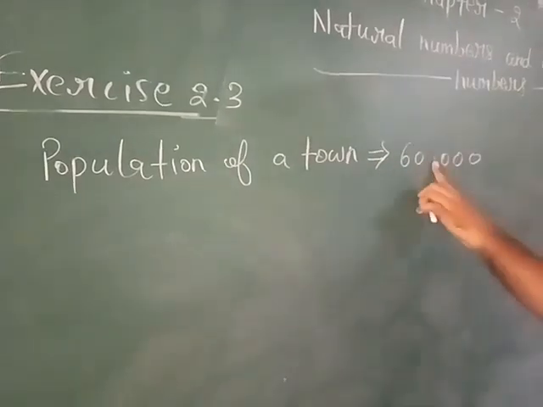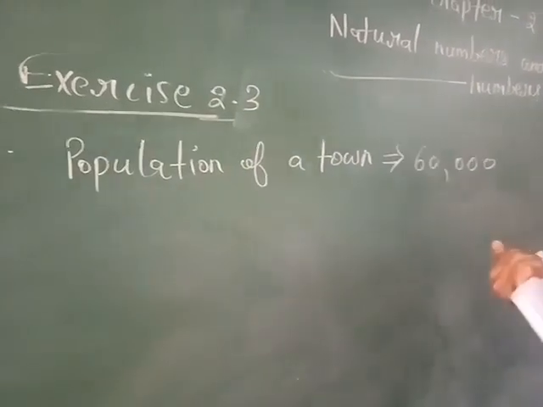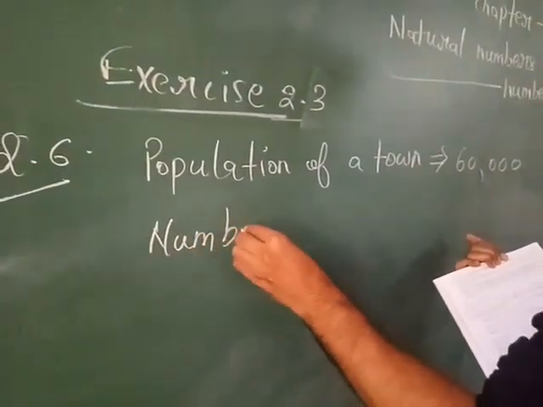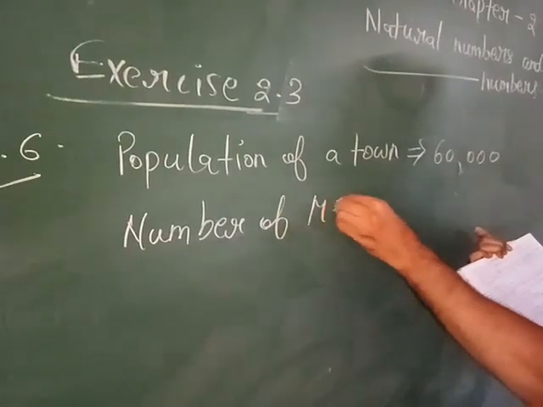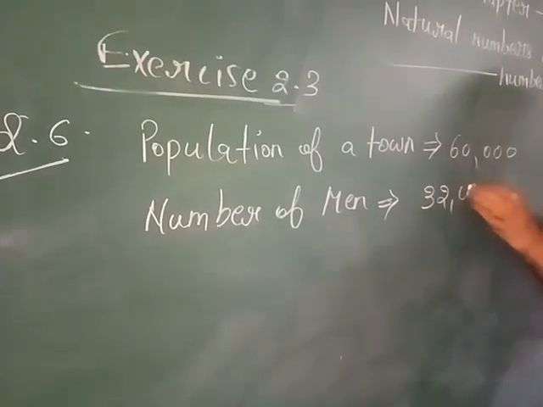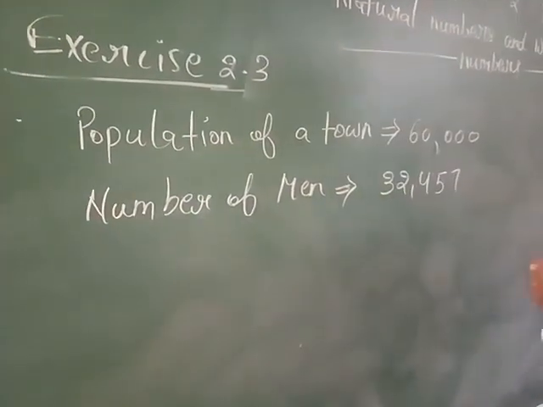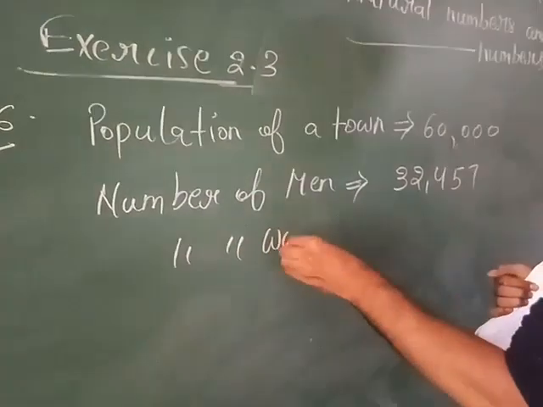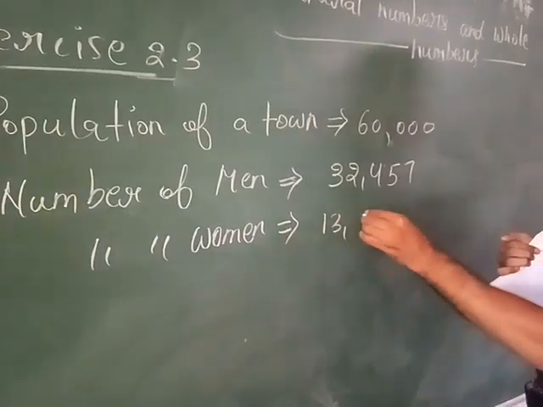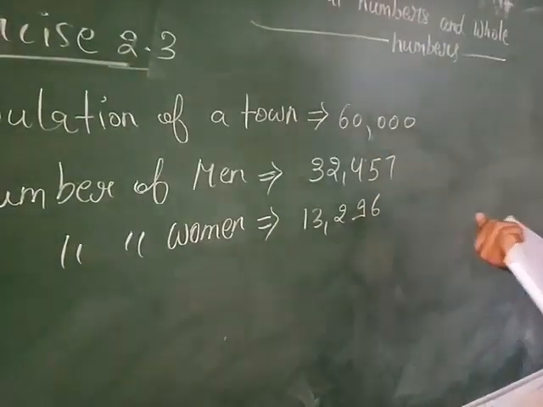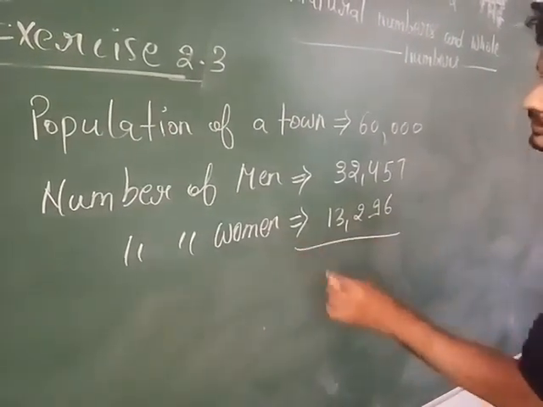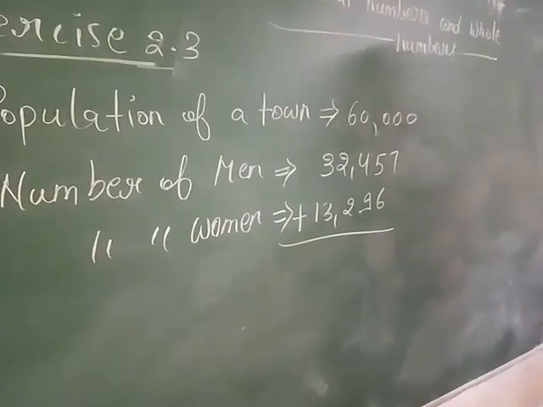And in that town, the number of men was 32,457 and the number of women was 13,296. And the question is asking about the number of children. So to find out the number of children, we will first add these two terms, men and women.